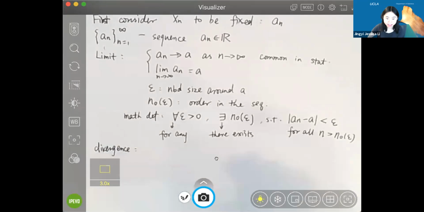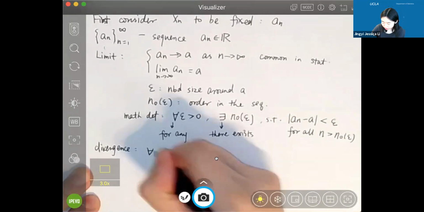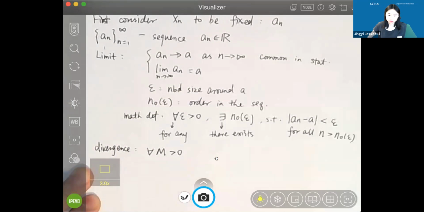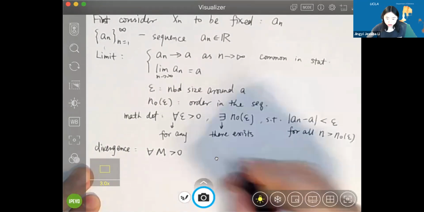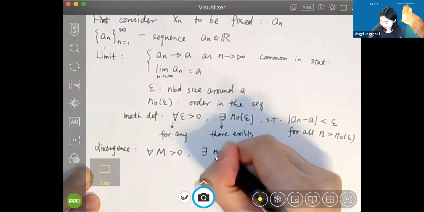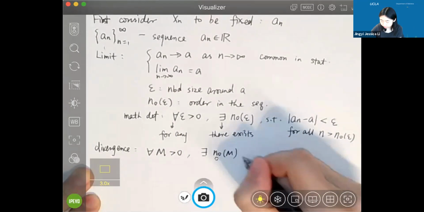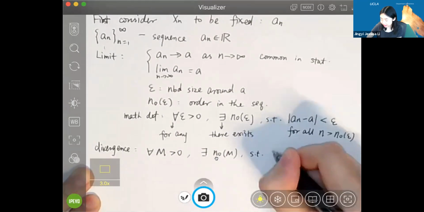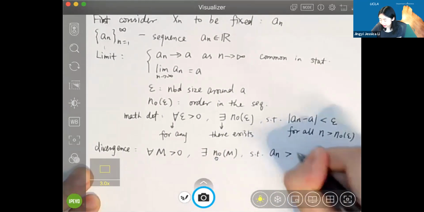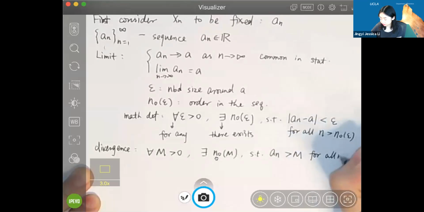Mathematically, I can write it as: for any M greater than 0, no matter how large this M is, there exists n0 that depends on M, such that we have a_n greater than M for all n greater than n0.